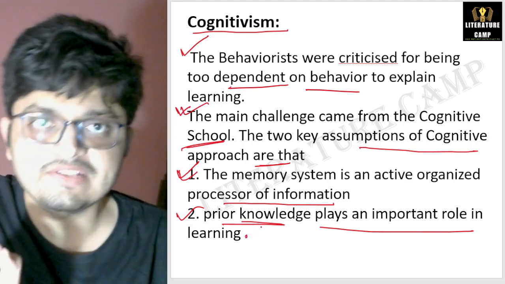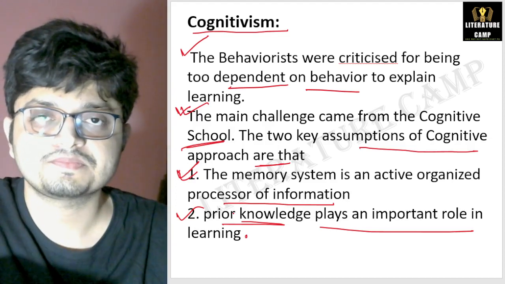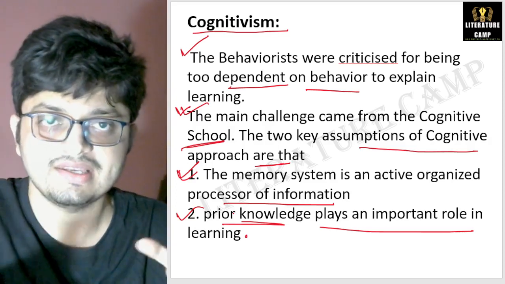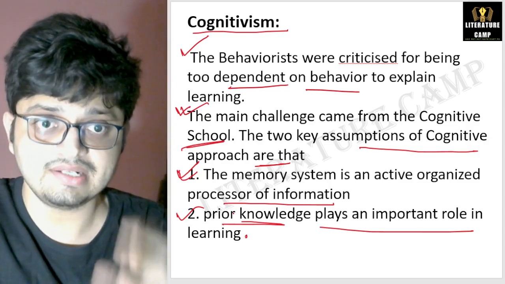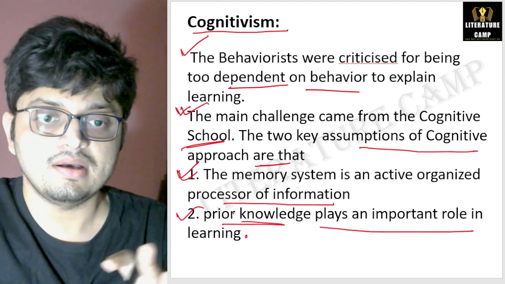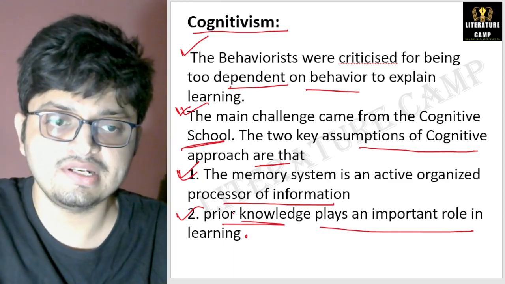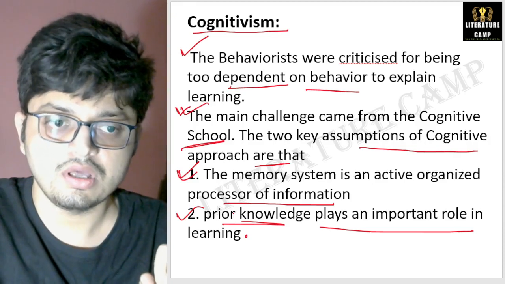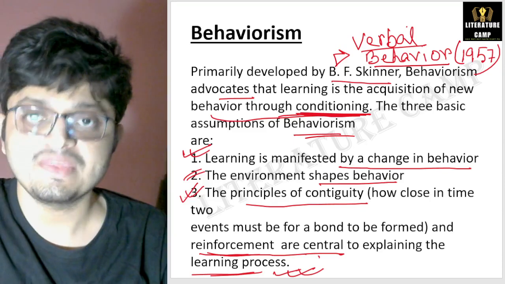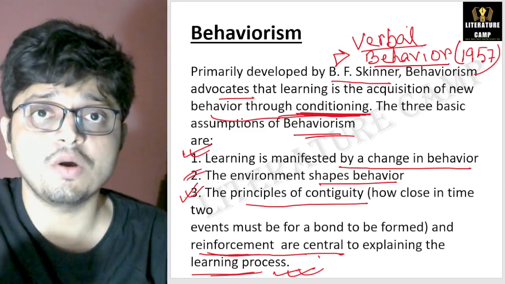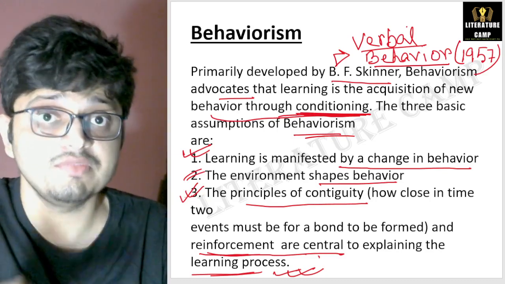So the cognitivism school focuses on your own learning, the individual's learning, own learning or prior knowledge. That is the main approach by the cognitive school of learning. All right, but if I talk about behaviorism, they focus on environment. They focused on environment, not on the individual.